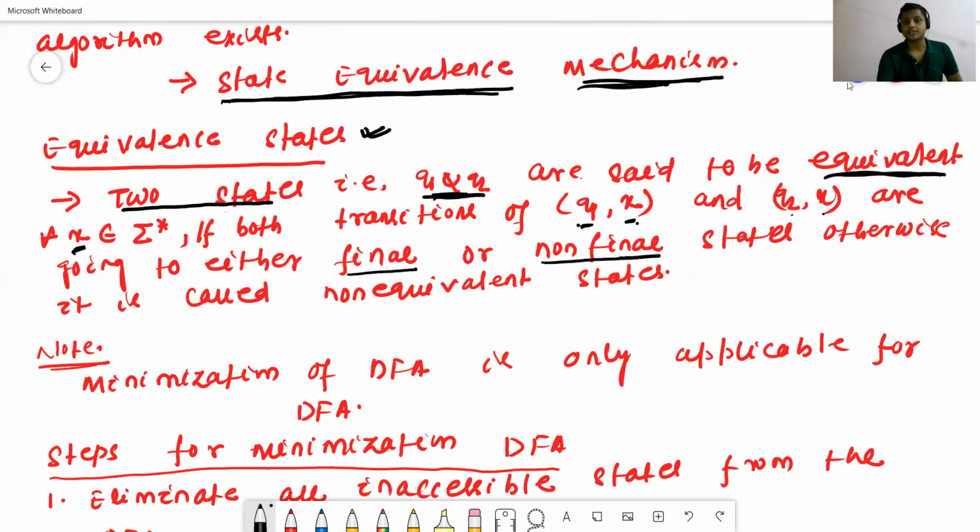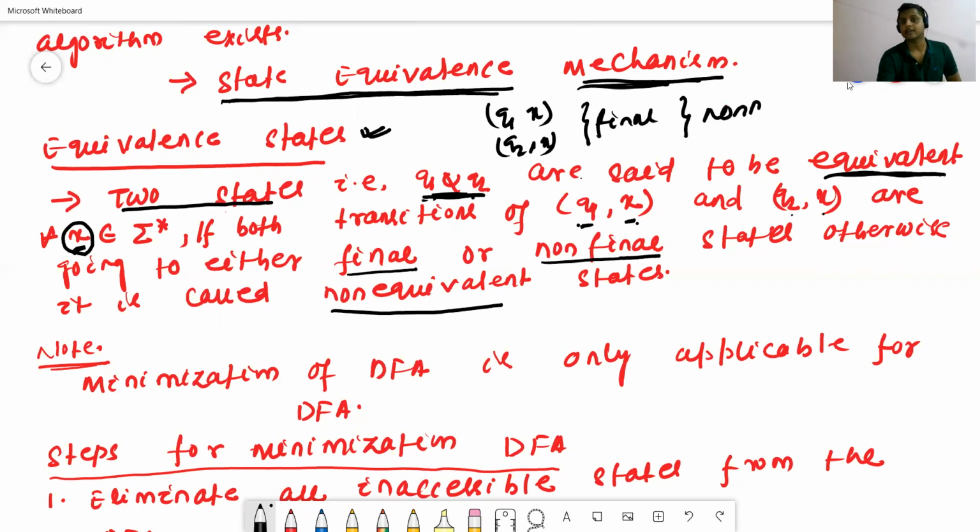That means if both states Q1 and Q2 on the same input X both go to either a final state or a non-final state, then they are called equivalent states. Otherwise, they are called non-equivalent states.